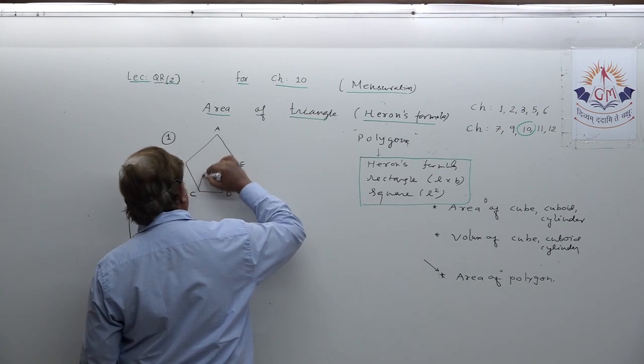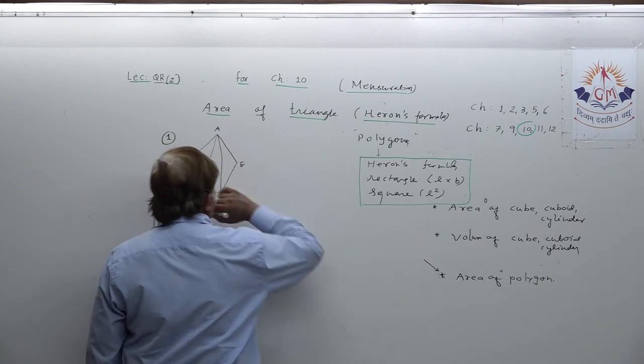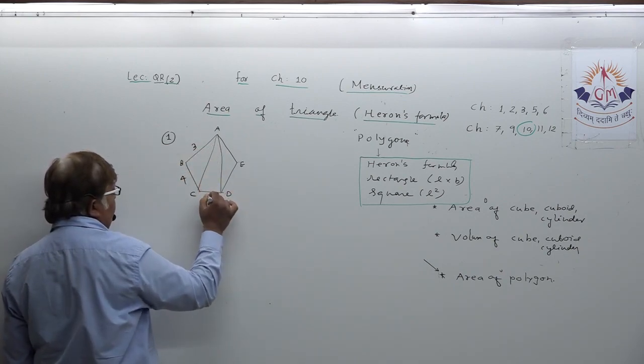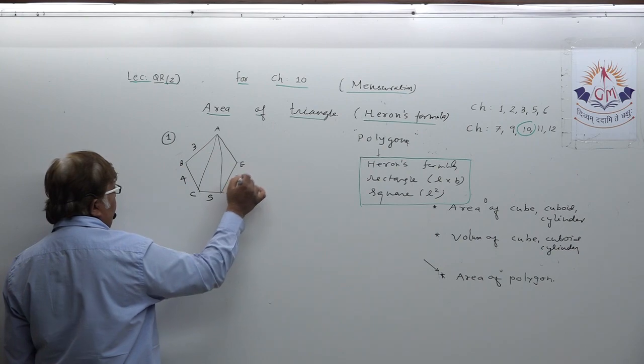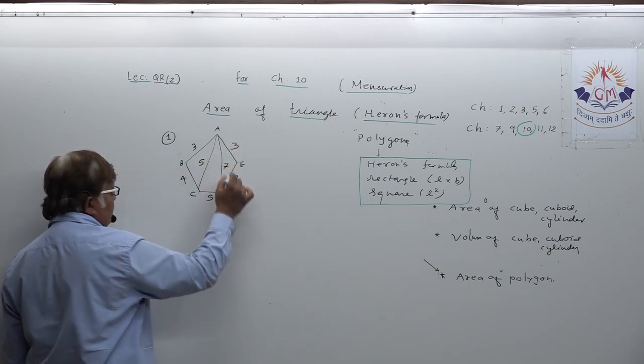Here you are also given two diagonals, AC and AD. Suppose this is given 3, this is 4, this is 5, this is 2, this is 3, this is 5 and this is 7.